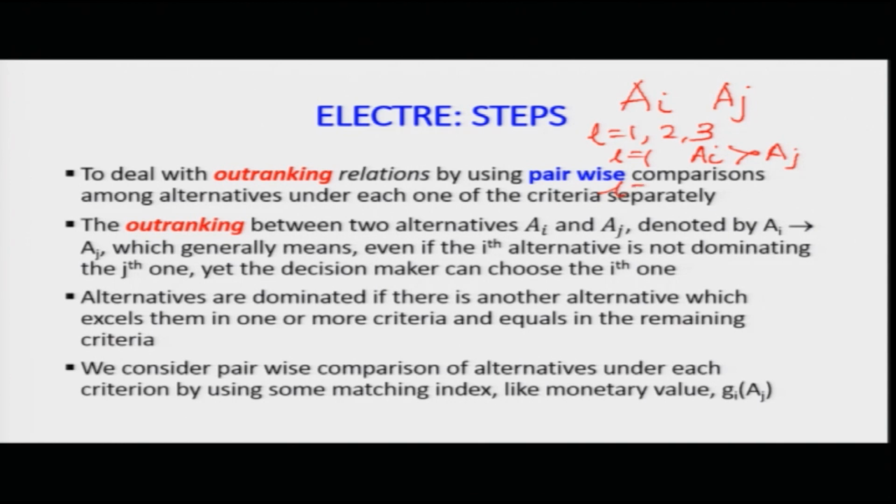With respect to 2, A i is equally disposed with A j, and with respect to 3, A i is equally disposed with respect to A j. Then obviously there is one concordance point, hence we will be interested to take A i, because for l equal to 2 and 3, they are equally disposed.